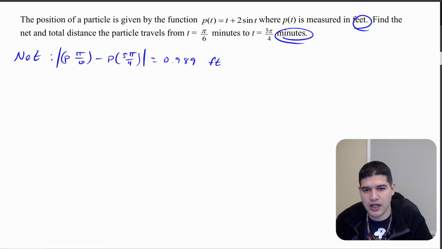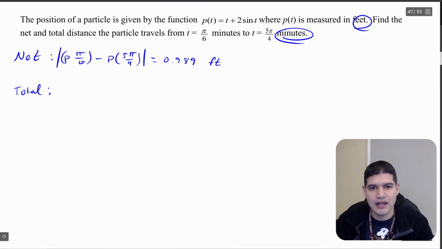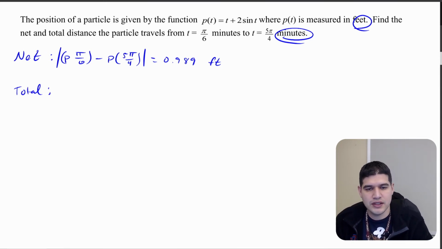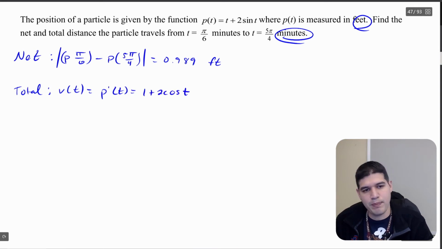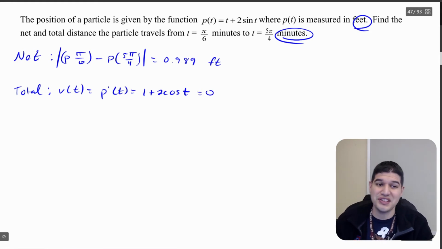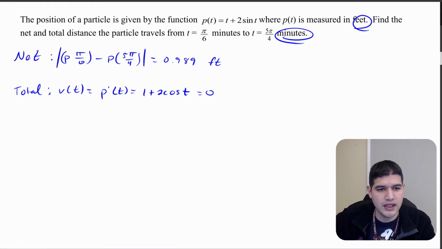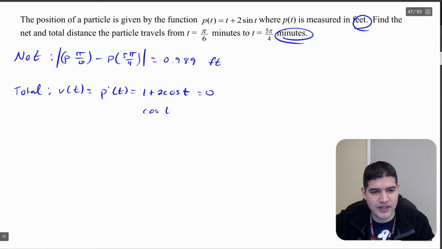So now let's start with total distance. In order to do that, we need first the derivative. So we know that the velocity is going to be the derivative of our position function, which is 1 plus 2 cosine of t. So let's go ahead and set this equal to 0. And what I noticed is I can actually calculate this pretty quickly, because we're going to get cosine of t equal to -1/2.